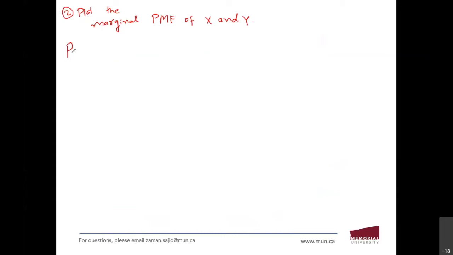The probability mass function of x, for example, starting at x is equal to 70. This is also written as p of x at 70, is equal to, now the joint probability, this is the formula we did last time, at x is equal to 70 and y.